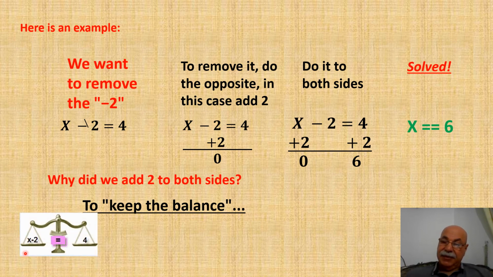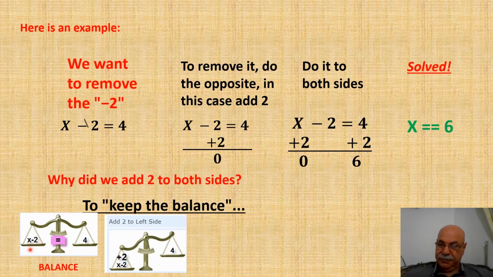See? x minus 2 equals 4. This is my equation. Balance. This is not balanced because here I added 2 and did not add 2 here.